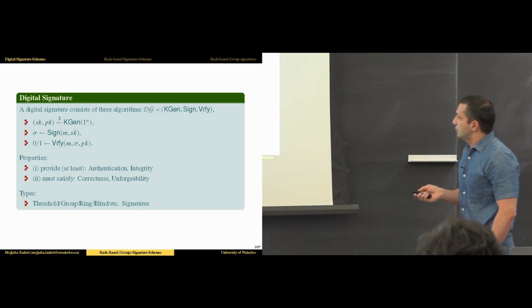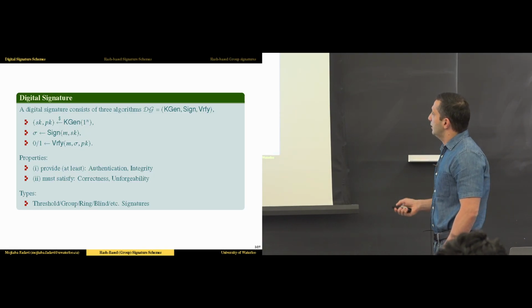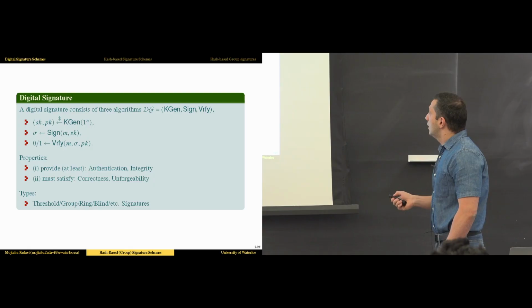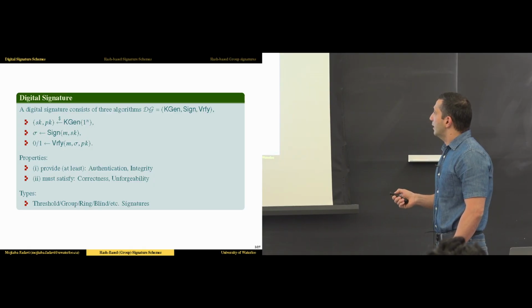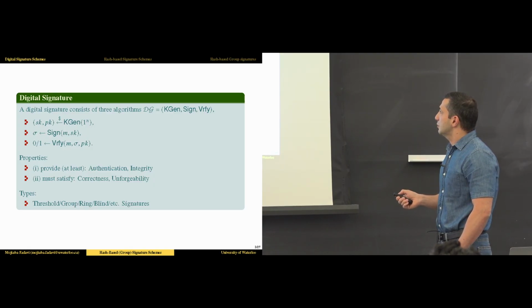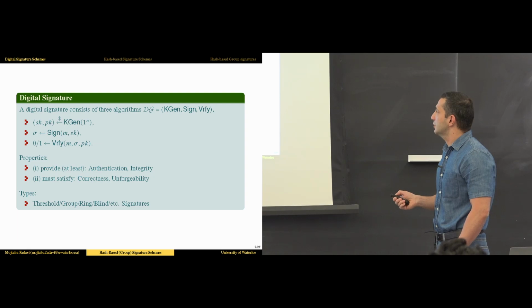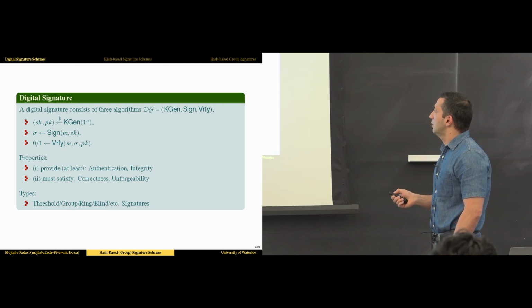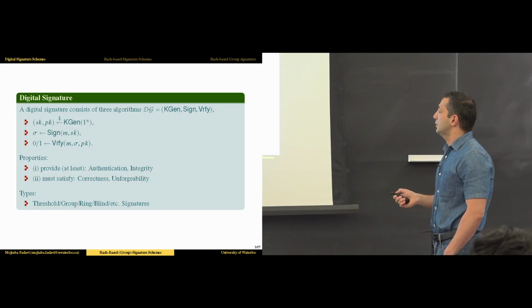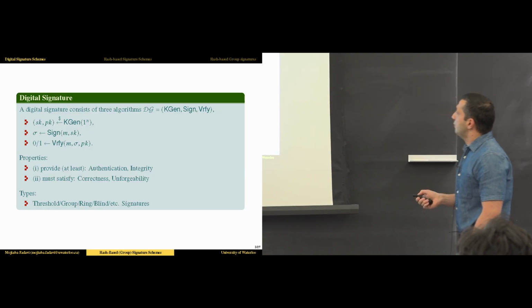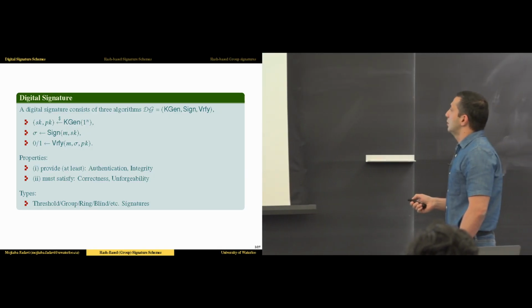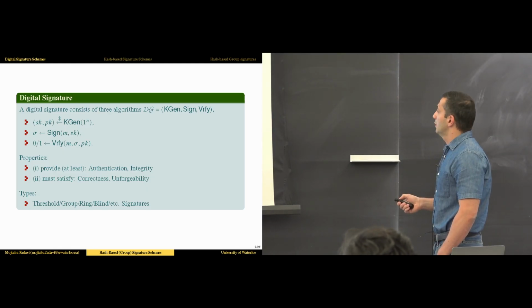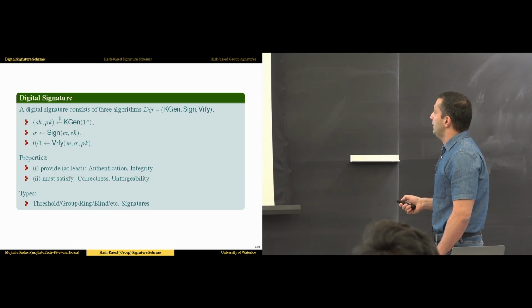Every digital signature provides authentication and integrity. Integrity comes from the fact that the signature is based on the message, so the message cannot be changed. And authentication comes from the fact that only, for example, Bob knows the secret key. Every digital signature has to satisfy 2 properties: correctness and unforgeability.